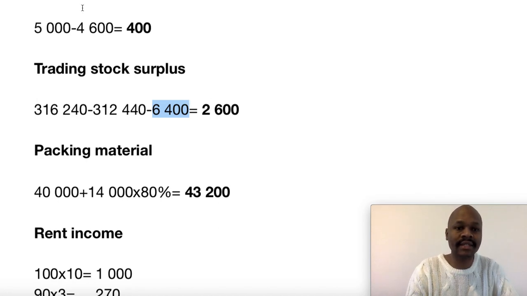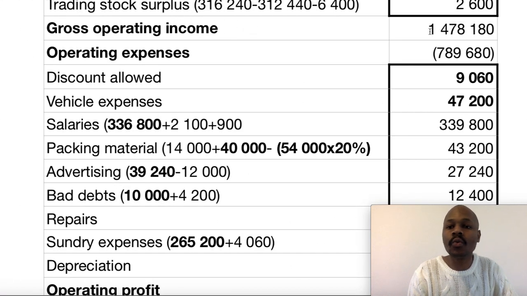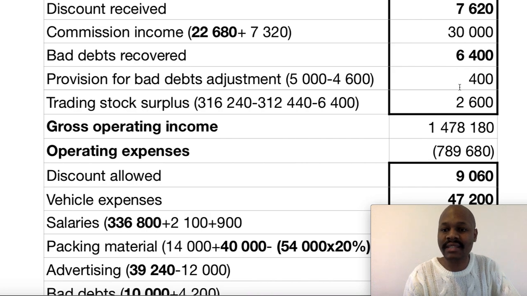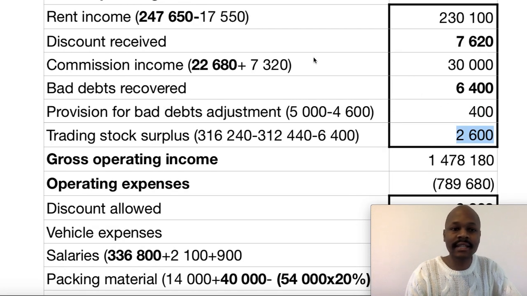So we have 2,600 there. Let's go to our income. 2,600 is how much you have as your trading stock surplus.